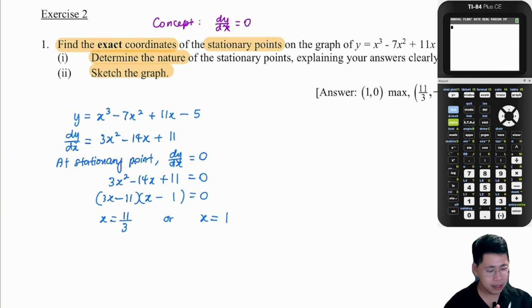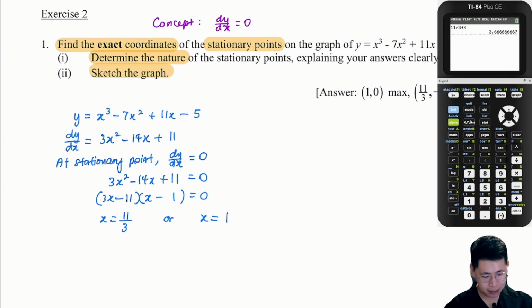First I'm going to store this value into the variable x. I put 11 over 3, then press the store button into the variable x, and press enter. This gives me 11 over 3, basically.